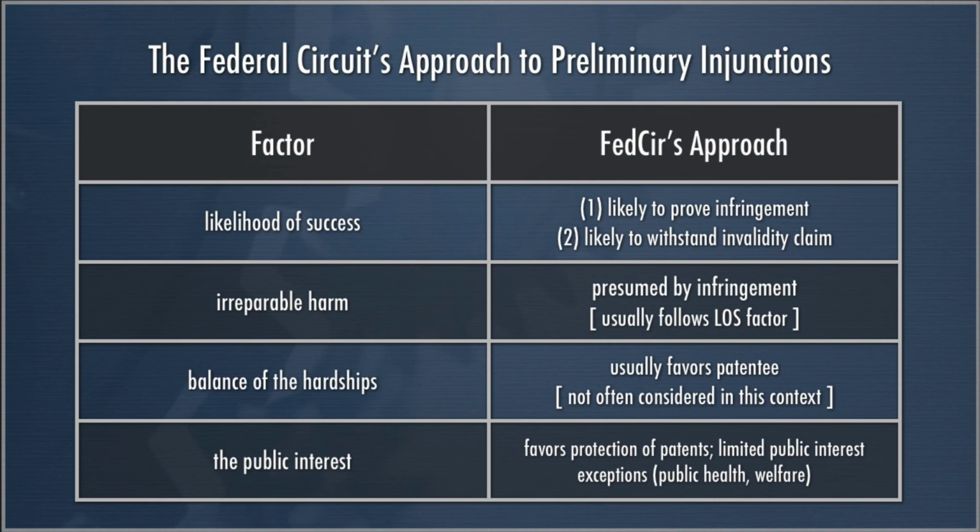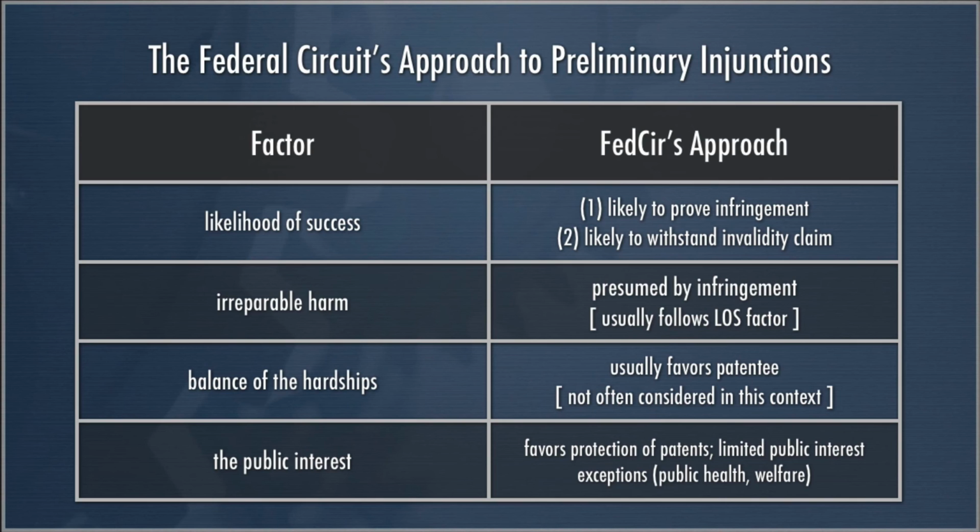The factors are likelihood of success, right? You have to show that there's a likelihood of success on the merits. If you want a preliminary injunction, you have to show that there's likely irreparable harm. You have to show that the balance of the hardships favor the issuance of an injunction, and that there's the public interest factors, either it's not going to hurt the public or in fact favor the injunctive relief, right?